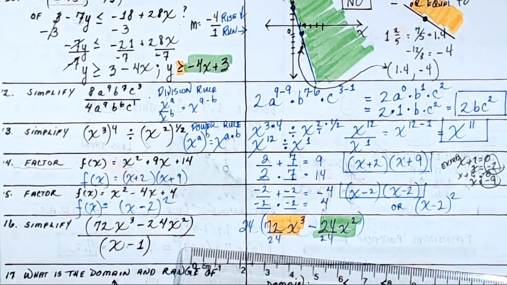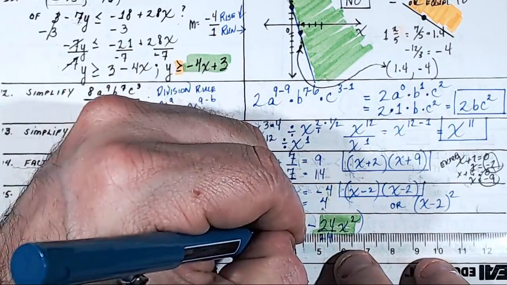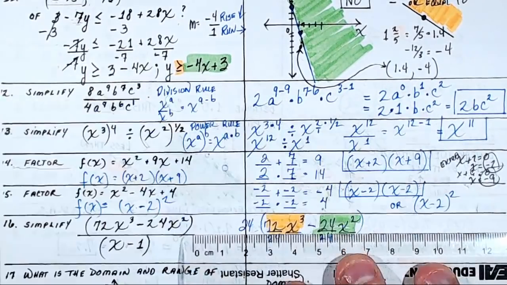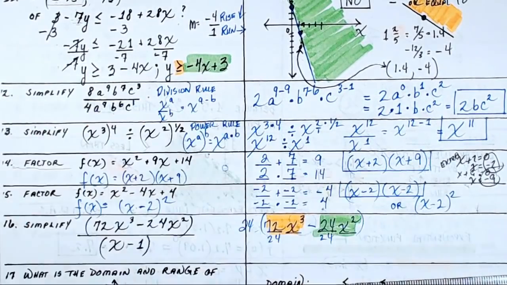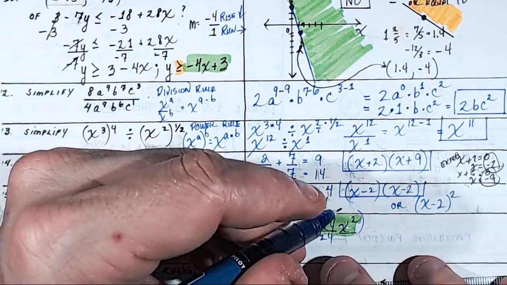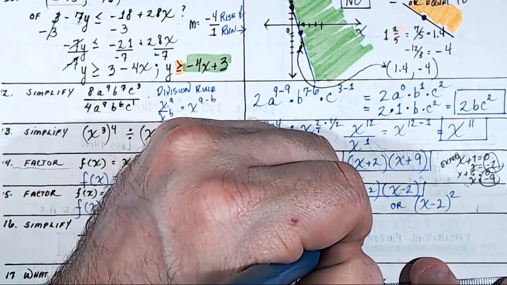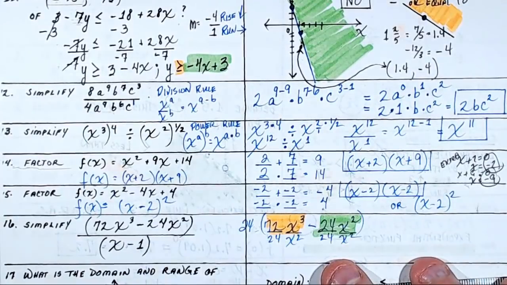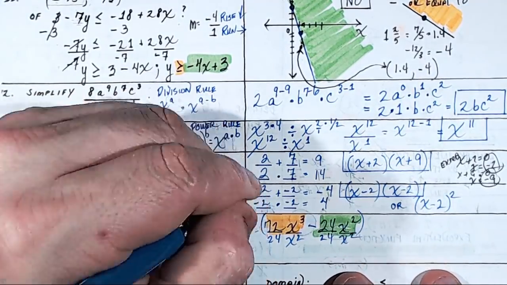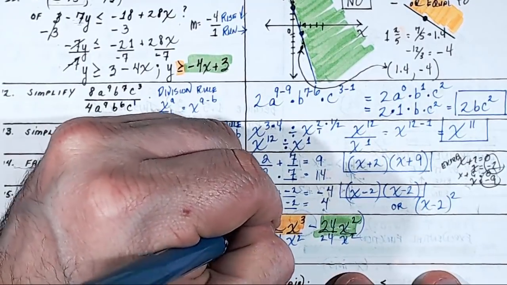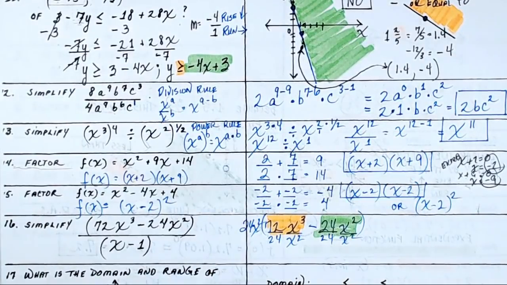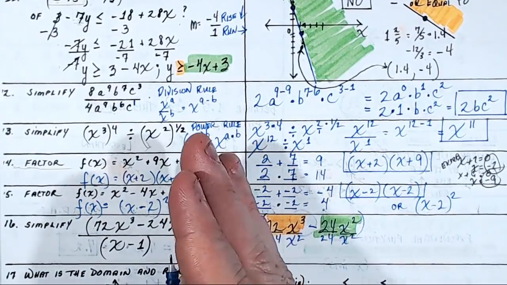So I could divide x cubed and x squared by the greatest common exponent, which would be x squared. Follow me with this. So we're going to pull that x squared out.